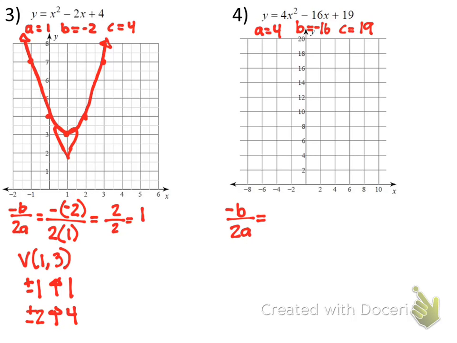What's negative B over 2A equal to? 2. Good. It's 2, right? Because you have negative 16 over 2 times 4. So it's going to be 16 divided by 8, which is just 2. Okay, so our vertex starts someplace at 2.